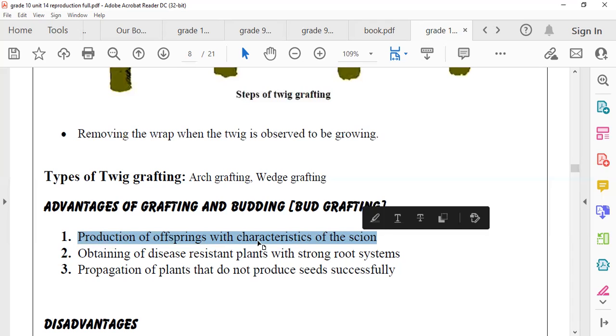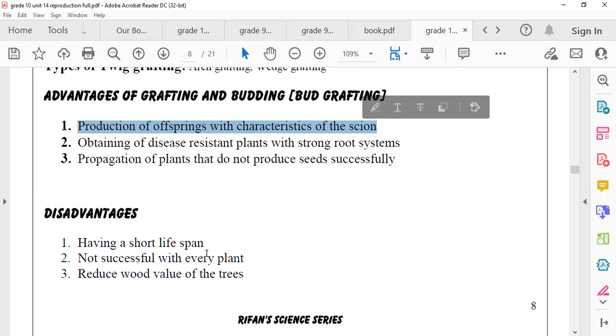And with all the asexual reproduction methods we tell here, we can successfully reproduce plants that are not able to produce seeds. Now for the disadvantages: grafted plants don't have a long lifespan, they have a short lifespan.